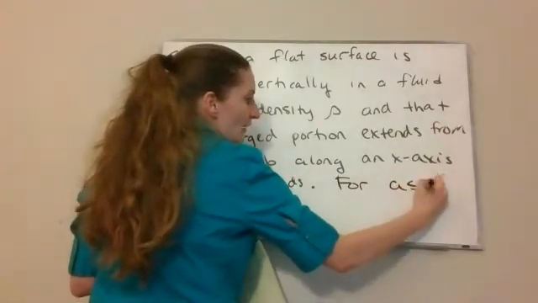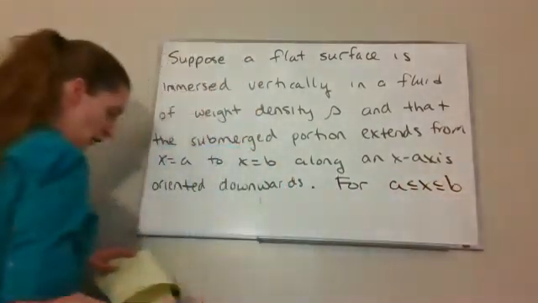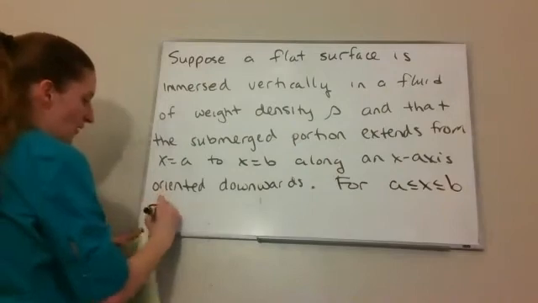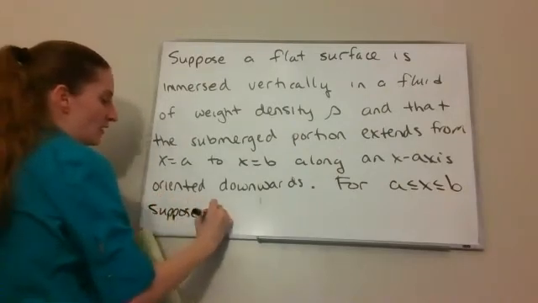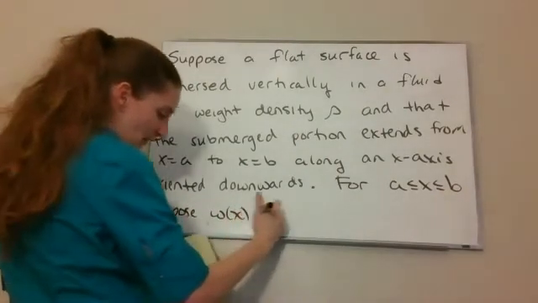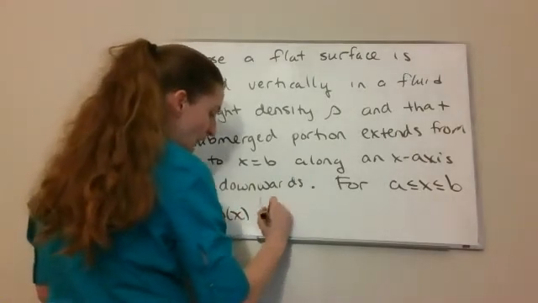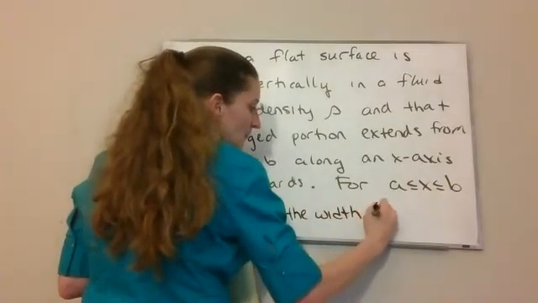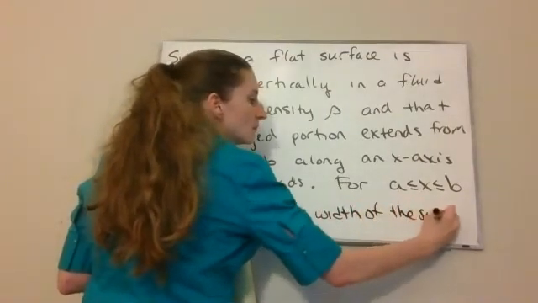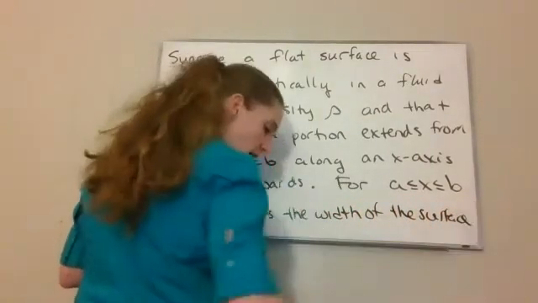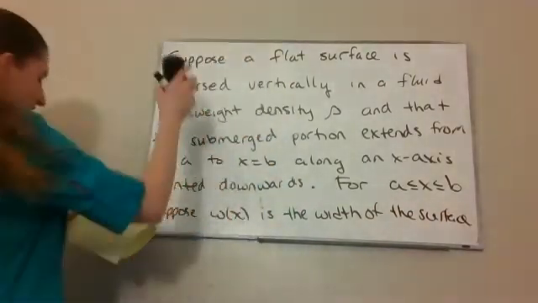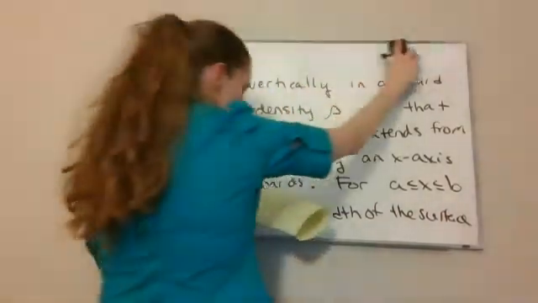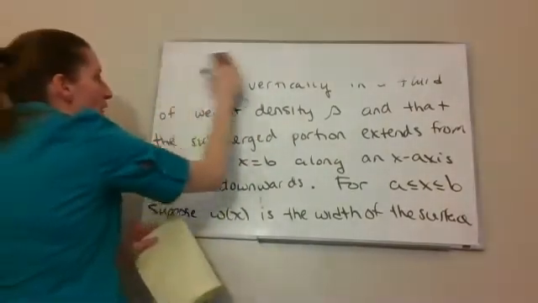Then for a less than or equal to x less than or equal to b, suppose that w of x is the width of the surface, and h of x is the depth of the point x.